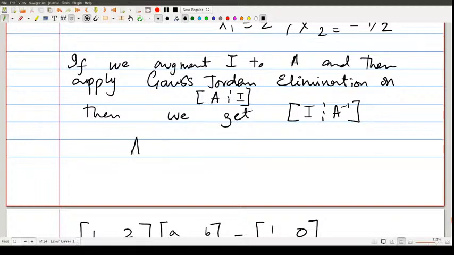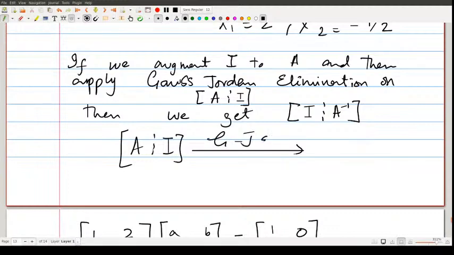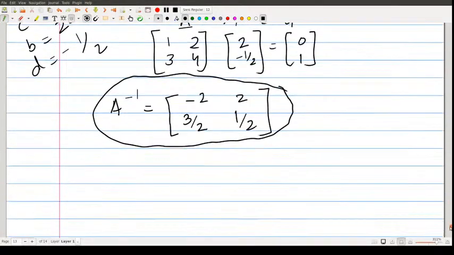So Gauss-Jordan basically converts this. If the left hand side is A and the right hand side is identity, if you apply Gauss-Jordan elimination, then this matrix converts into identity augmented with A inverse, right? So I've basically taught you two things at the same time.